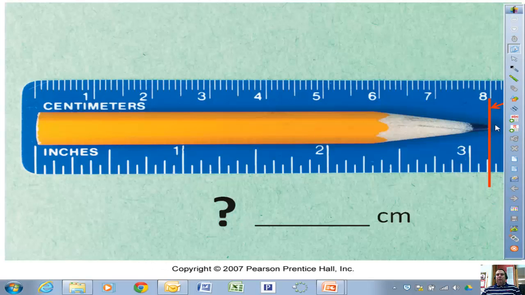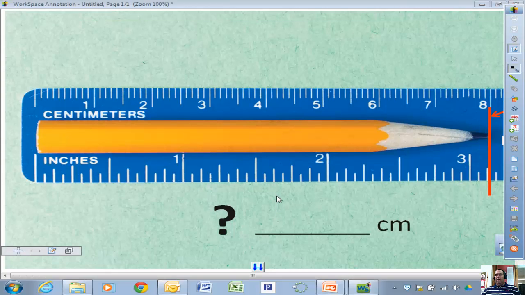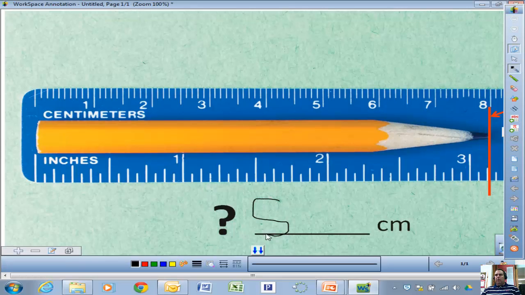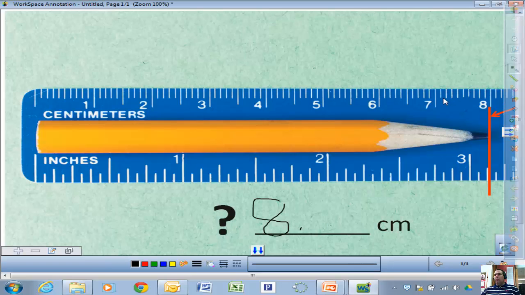If I go ahead and I look at this pencil, and again, we go ahead and use this back side here for the pencil. Again, I know it's more than 7. I know that it is possibly 8. Okay, maybe it's a little less than, but I'm going to say it's 8 right on. Okay, so if I say that it's 8 right on, thing is, I'm going to go ahead and write down my 8. I'm going to draw my decimal there. Now, again, we can see that it's divided out 0.1, 0.2, 0.1, 0.2, and so forth.